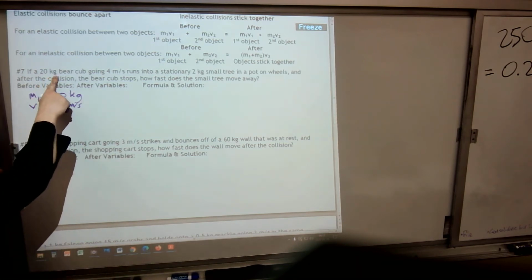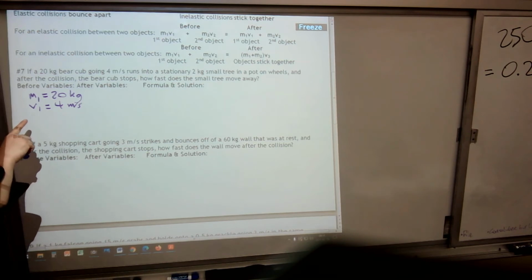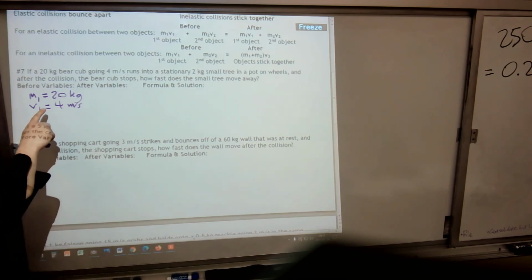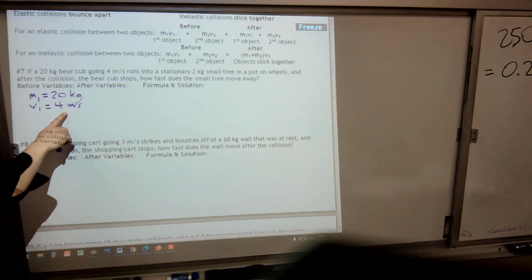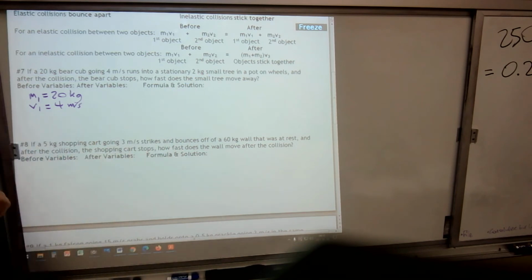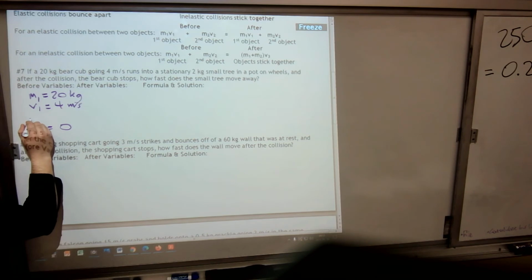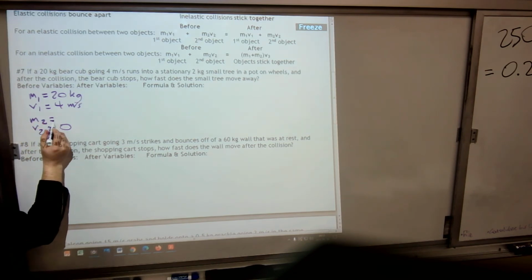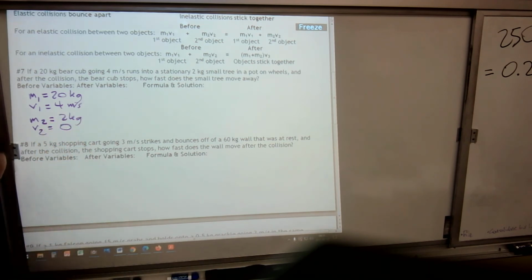Anyway, a 20 kilogram bear cub going 4 meters per second. That's object 1, so M1 is 20 and V1 is 4 meters per second. That bear cub runs into a stationary 2 kilogram small tree. V2 is stationary, so that's 0, and that small tree is M2, 2 kilograms.